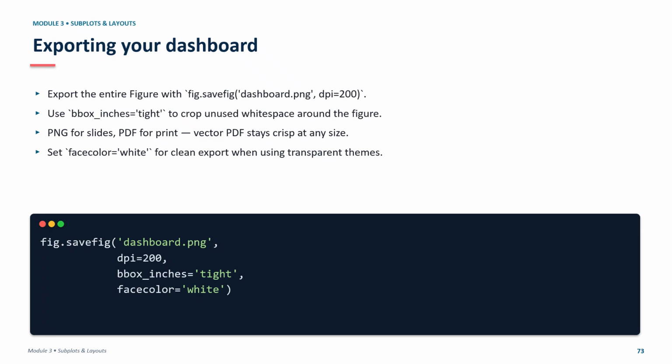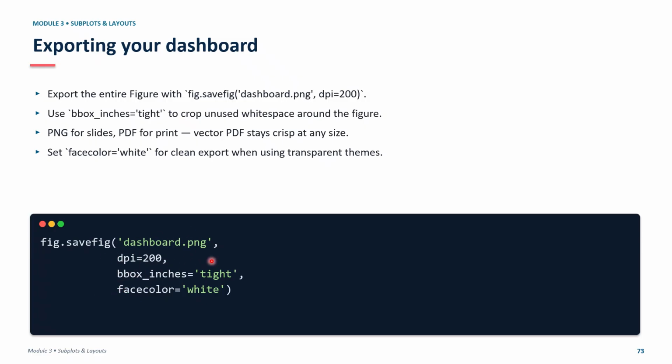Once you have built a multi-panel figure, you need to export it, right? So you have to save it. How do you save it? You can use fig.savefig with the file name. Let it be with a .png extension, and you can give the DPI. I mentioned earlier how to use DPI.